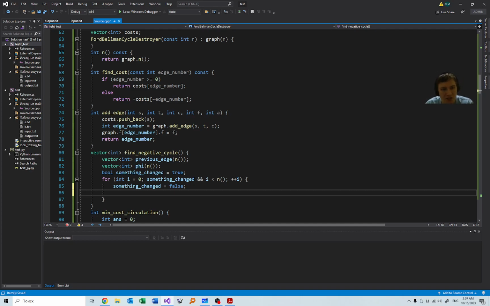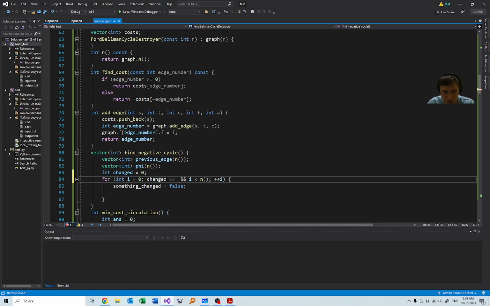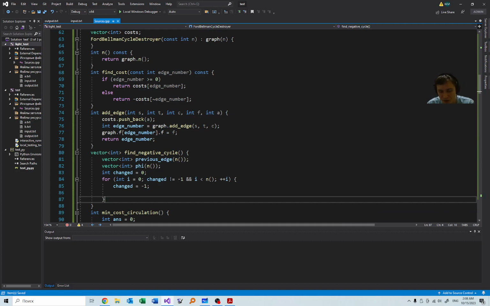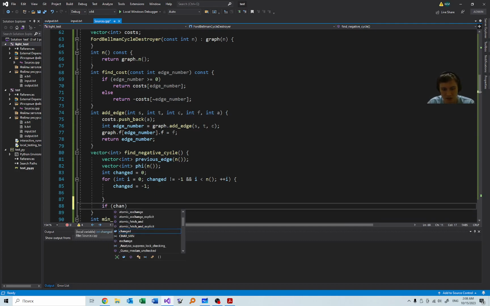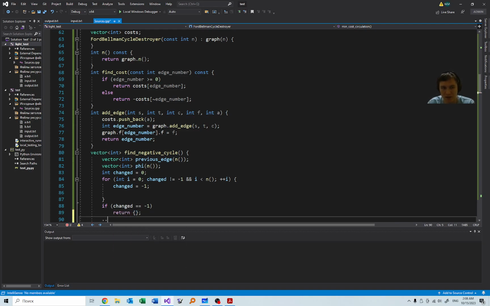Let me say that changed is a vertex. It is equal to -1. So here it is equal to 0, for example. Here say that if changed is not equal to -1, then I say that it is -1. And in the end, I want it to be not -1. So if changed equals -1, I return nothing, or else I do something.